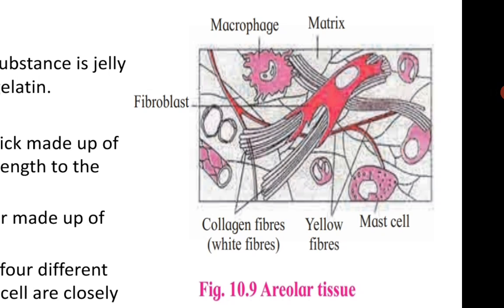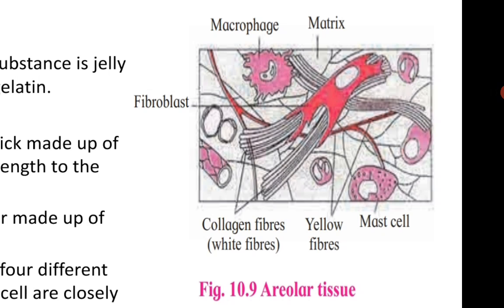When dead cells or unwanted material are present in the cell as well as the tissue, this unwanted material is phagocytosed by a macrophage cell. Macrophage is responsible for phagocytosis: to eat or trap this particle and destroy it. Which particles? Particles that are not important, or dead cells present in this tissue. These macrophages perform the role of phagocytosis.